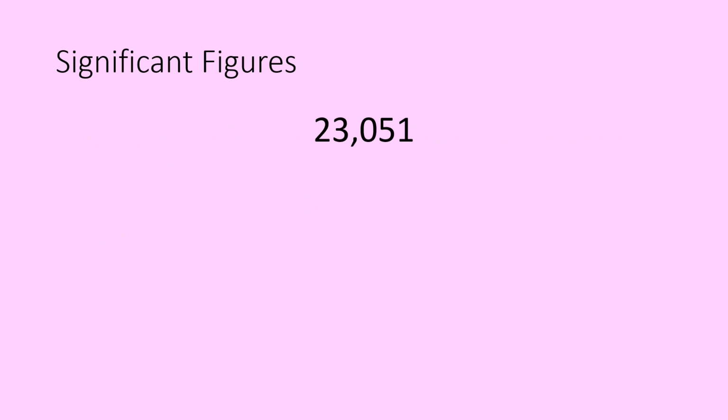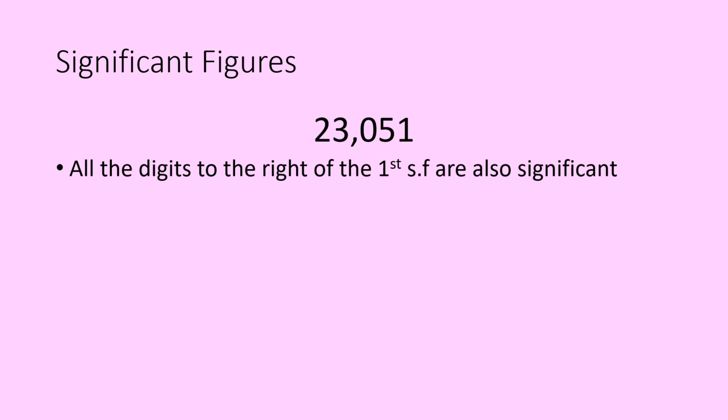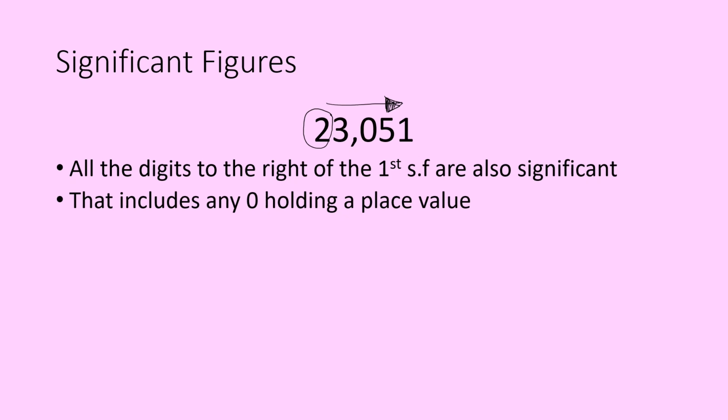All the digits to the right of the first significant figure are also significant. That also includes any 0 holding a place value. So in this case, this 0 is also significant.